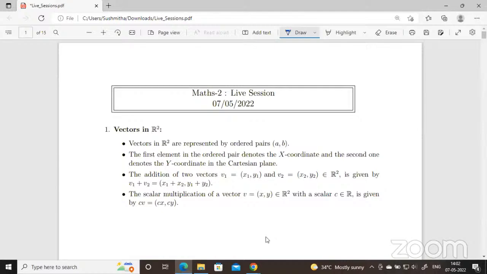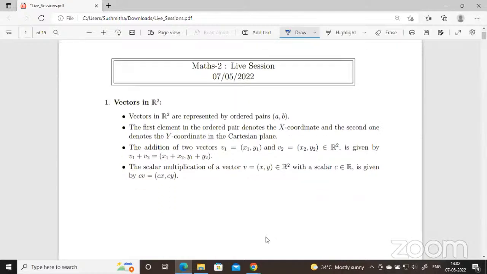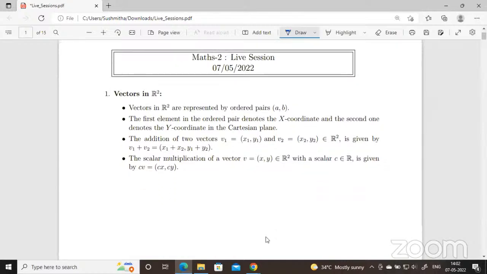Okay, so week 1 has some very basic contents that are needed throughout the course. So we'll start off straight away. What is a vector? You've all seen a lot of vectors. What is a vector in general?